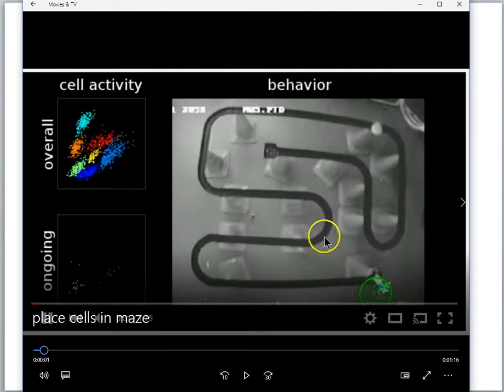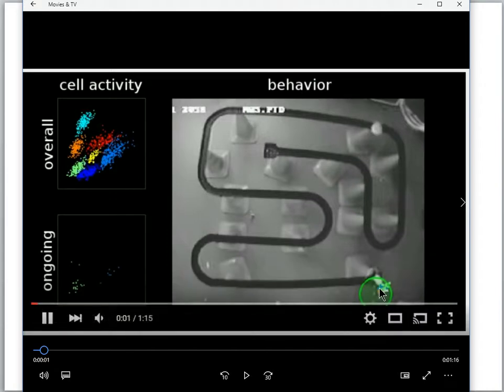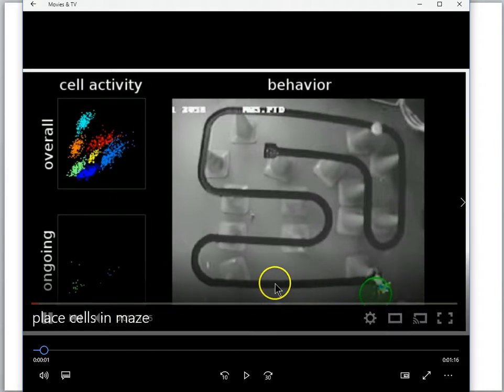Okay, so here we have a maze-like contraption. The rat is down here, and there are electrodes inserted into the hippocampal region, recording from different place cells. And as the rat moves through this environment, different place cells will become active, and you'll see that recorded over here in this graph.